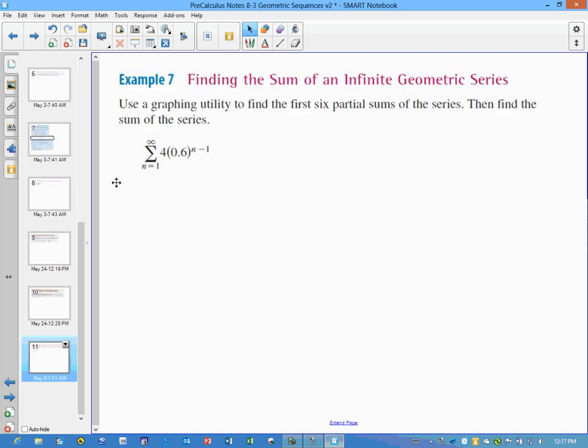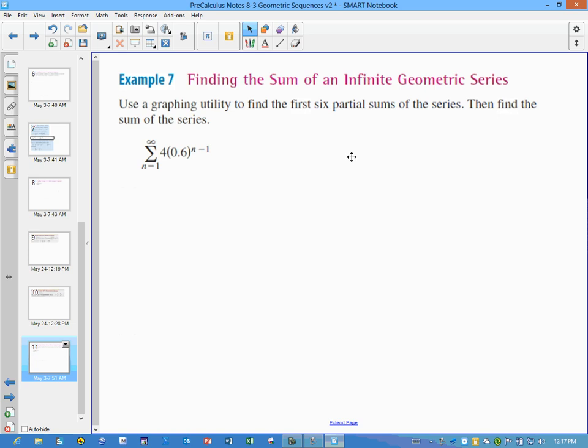And finally, they might ask for something called the partial sum. Here they want us to use the graphing utility to find the first 6 partial sums. The partial sums are the sums of the first 6 terms, which would be the sixth partial sum.